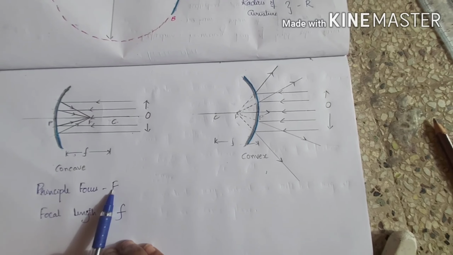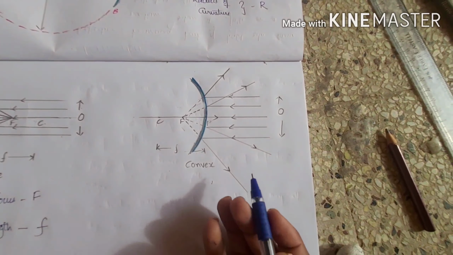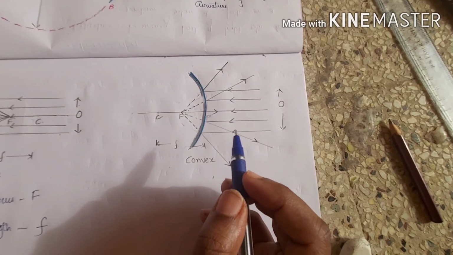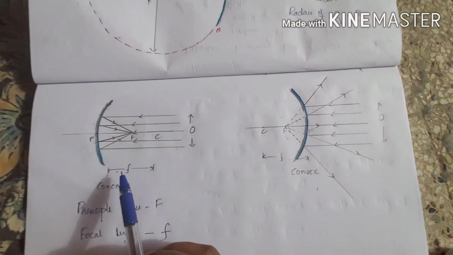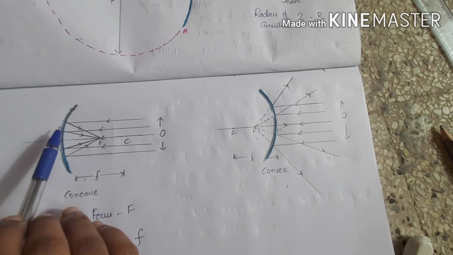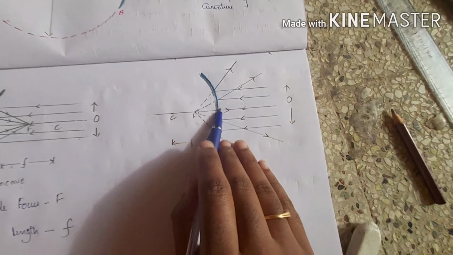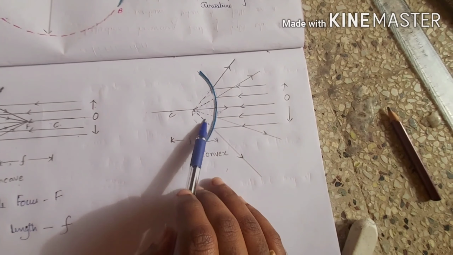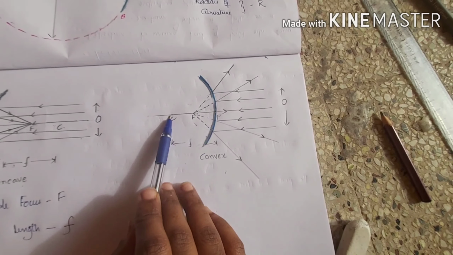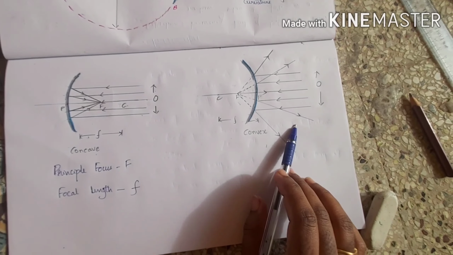So here F for the convex mirror is this, and the focal length is nothing but the distance between F and P. So the basic difference is, for a concave mirror, the principal focus lies in front of it, whereas for a convex mirror the point F lies at the back side, behind it. This is the difference between concave and convex mirrors.